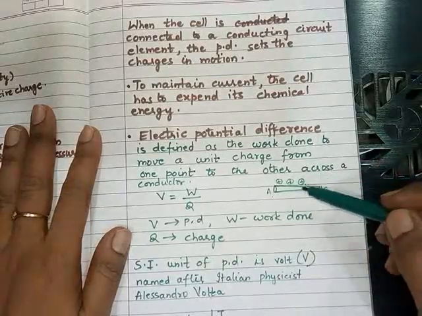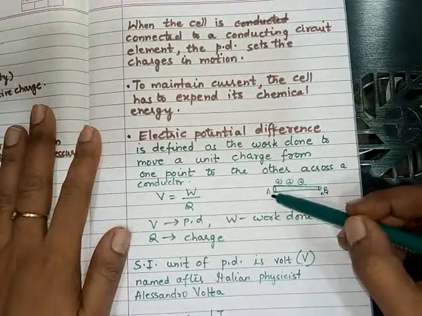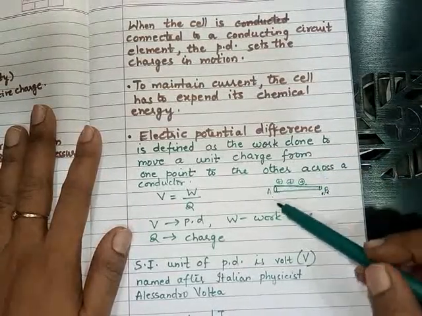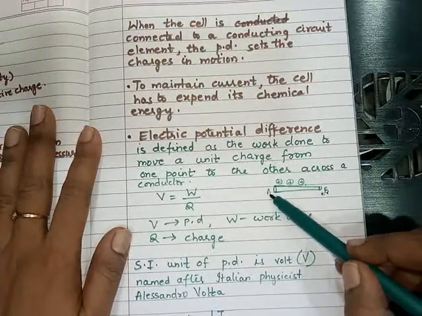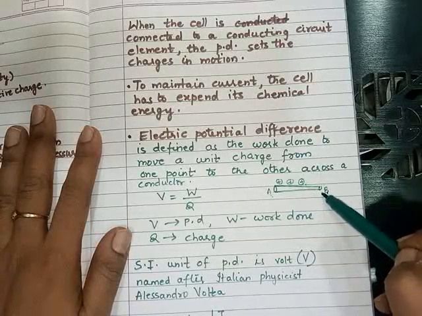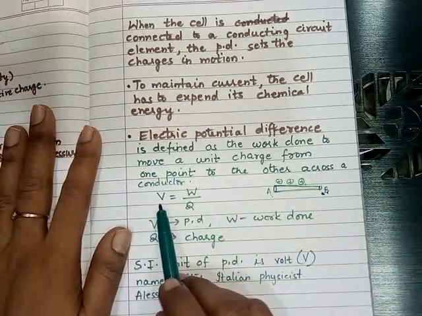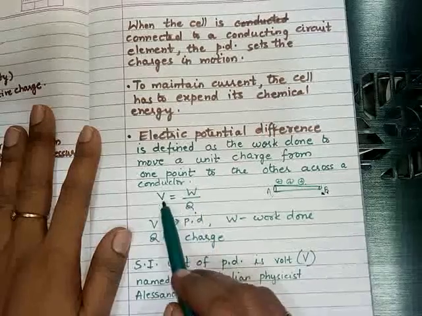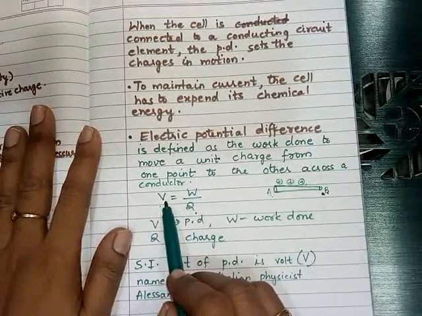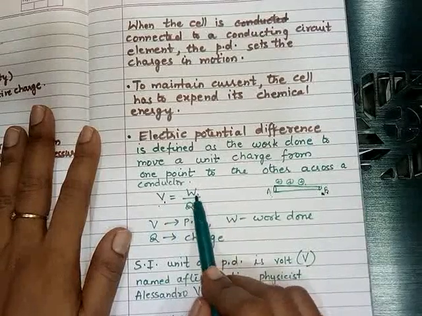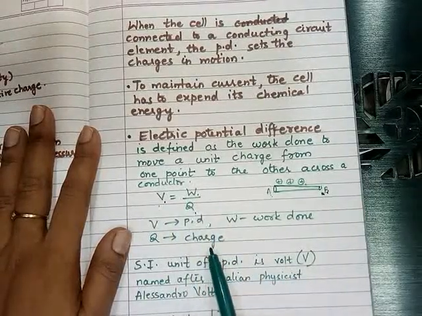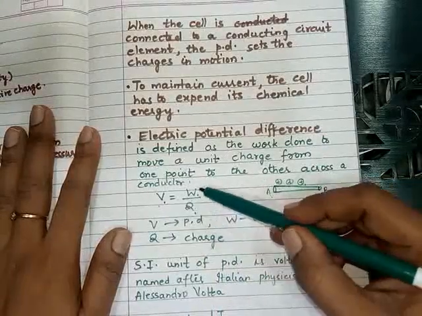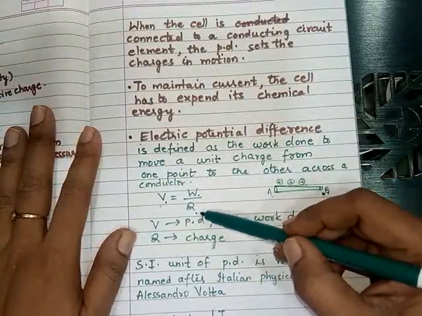Or you can also say that electric potential difference across two points is defined as the amount of work done to move a unit positive charge from one point to the other. So we write the potential difference is equal to work done upon charge. Here V indicates the potential difference, W indicates the work done, and Q is the charge. So depending on the definition, we have the formula V = W/Q.